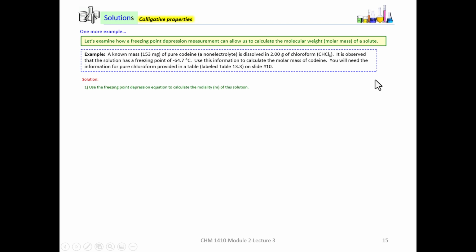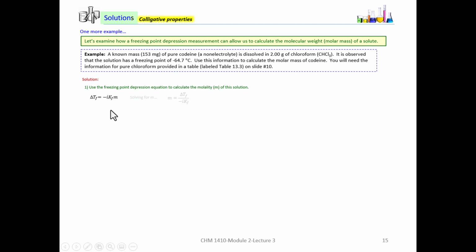Well, how do we go about doing this? First of all, we can use the freezing point depression equation to calculate the molality of the solution. Here's the hopefully now familiar equation for calculating the freezing point depression.